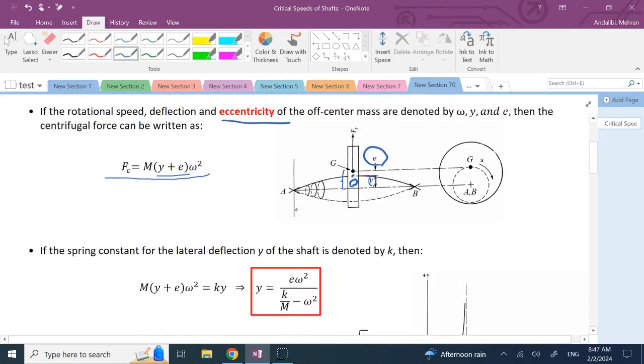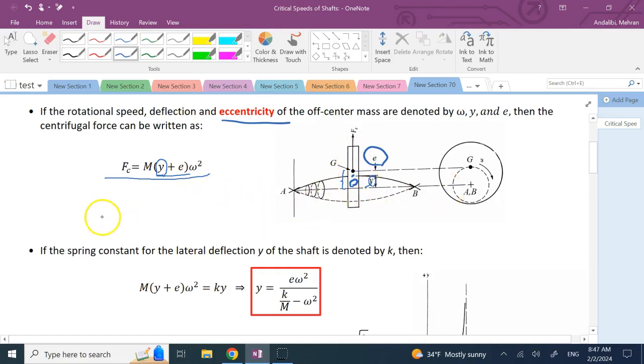Now, how do we go about writing a formula for calculating this y? As I said, y is the deflection due to the load being applied to the shaft.